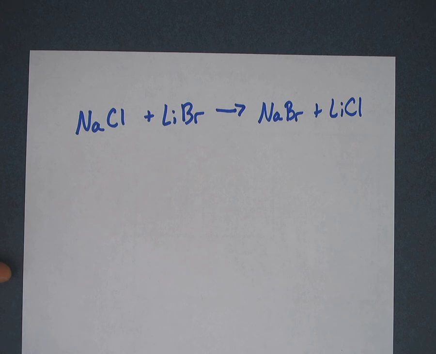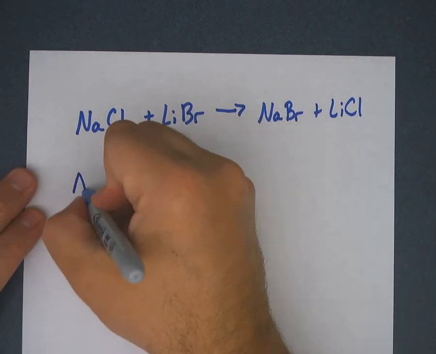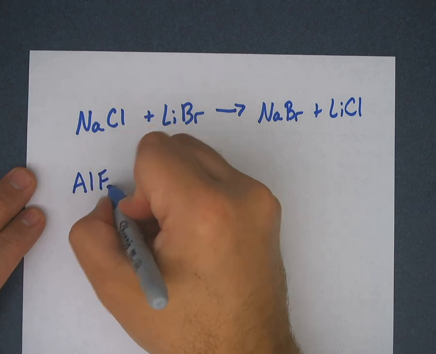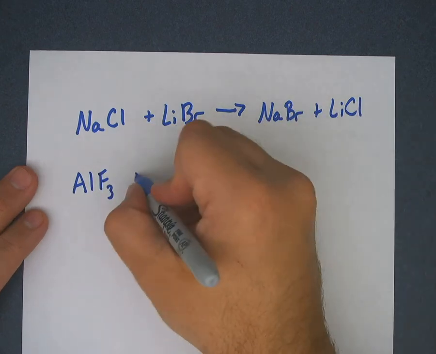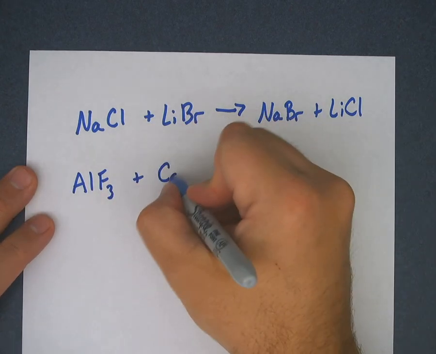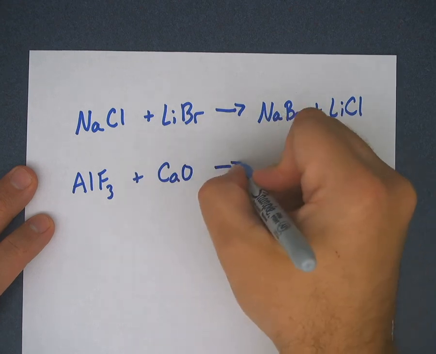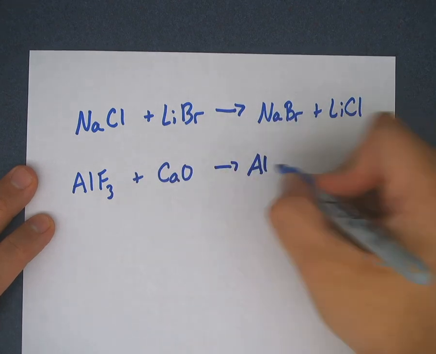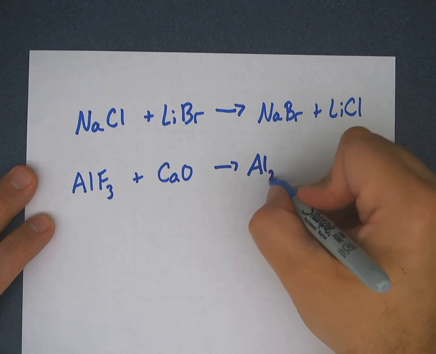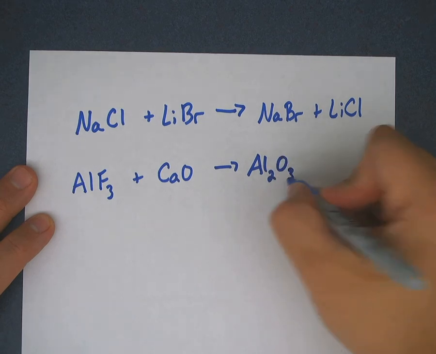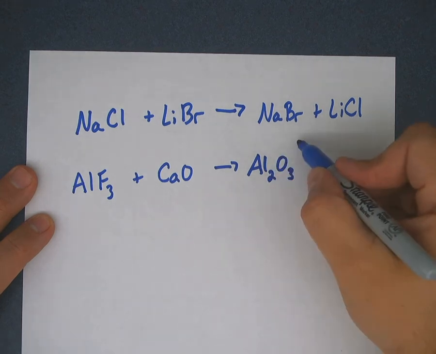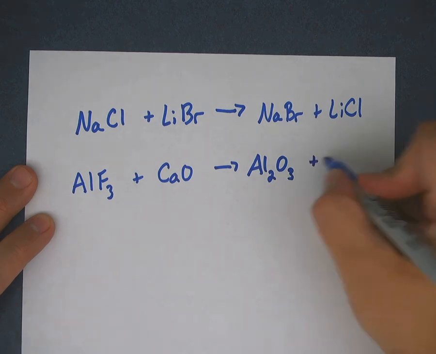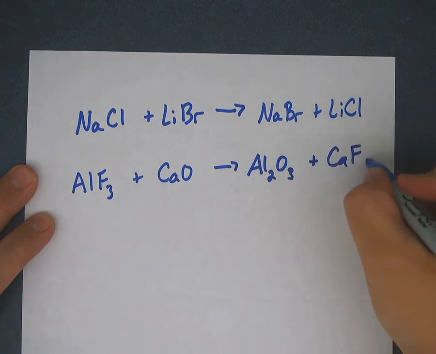Because the numbers are there for crisscrossing purposes, not for double replacement purposes. So what if I gave you AlF3 with CaO? Well, now the Al is going to be with the O, but if I do the crisscross, it would look like this, because aluminum's positive 3, oxygen's negative 2, and calcium would be with fluoride.